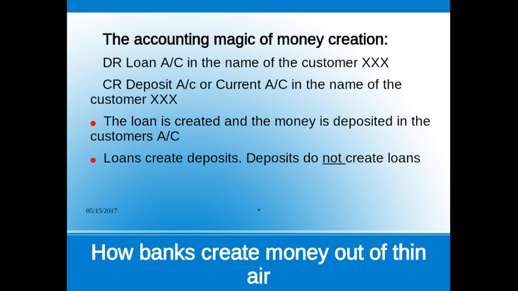In the loan sub-ledger, they debit the loan account in the name of the customer, and they credit either the current account or the deposit account sub-ledger. They credit that customer. So they debit the loan customer, and credit the deposit or current account customer.